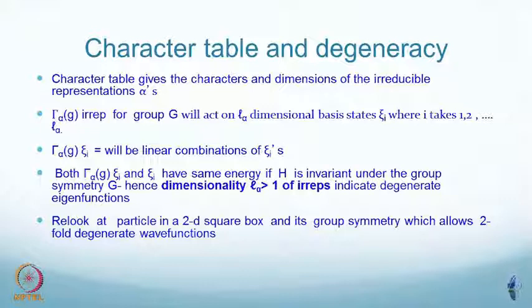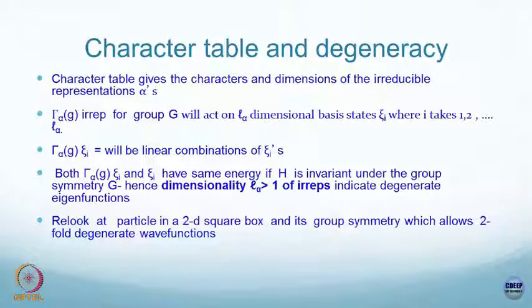Okay, is this clear? So, now with this information, you take a relook at the particle in a two-dimensional box. That is why you start getting degeneracies when you go to a two-dimensional box: because of the C4V symmetry, because C4V symmetry will allow for a two-dimensional irrep, and then gamma g of psi I will be a linear combination.